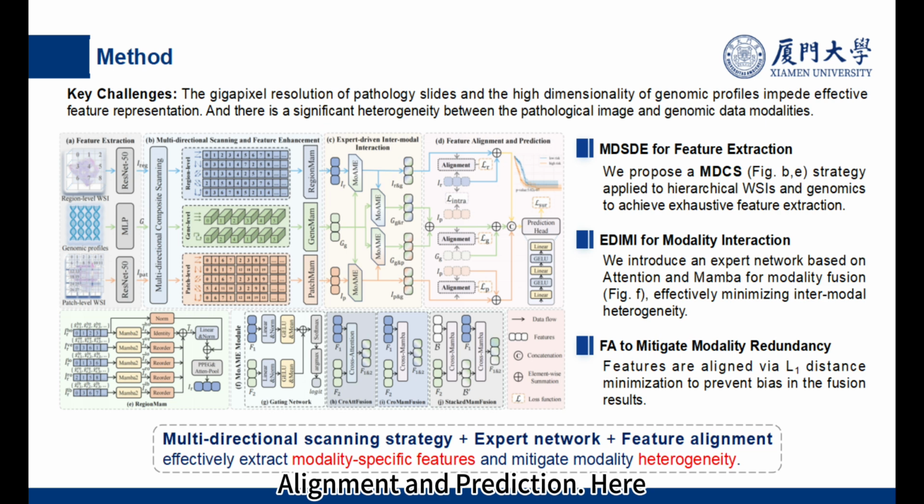Here, features are aligned via L1 distance minimization to prevent bias in the fusion results. In summary, by combining a multi-directional scanning strategy, an expert network, and feature alignment, our method effectively extracts modality specific features and mitigates modality heterogeneity.